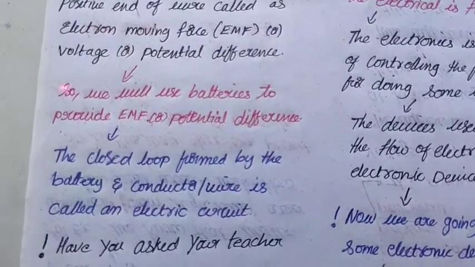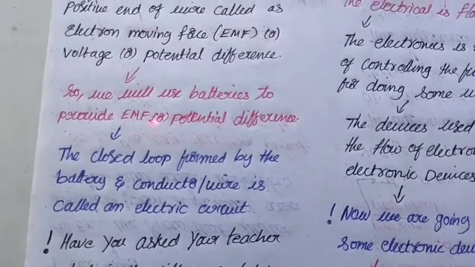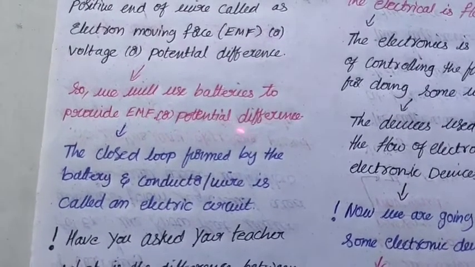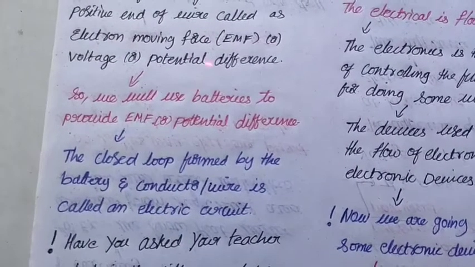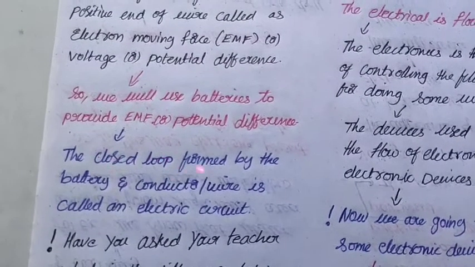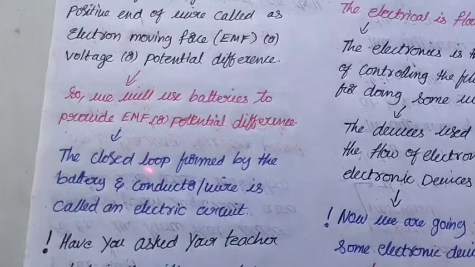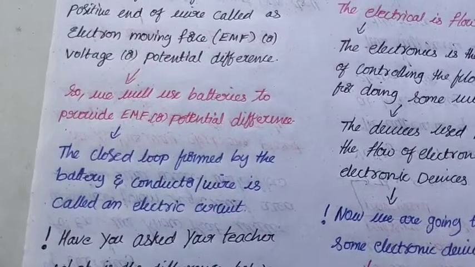We use batteries for what purpose? To provide EMF or potential difference, to move electrons from an atom. So the closed loop formed by the battery and conductor or wire is called an electric circuit.